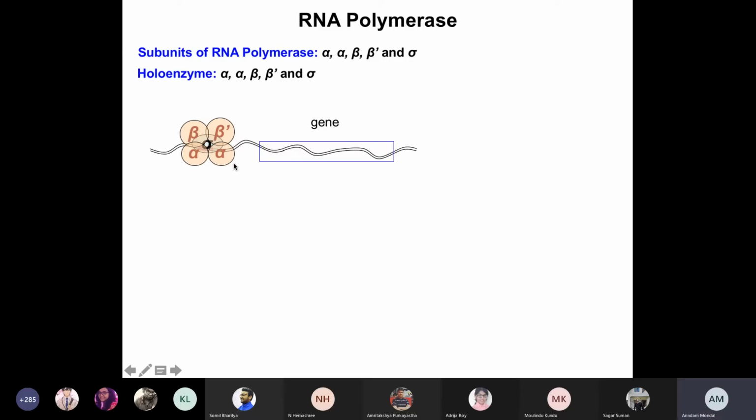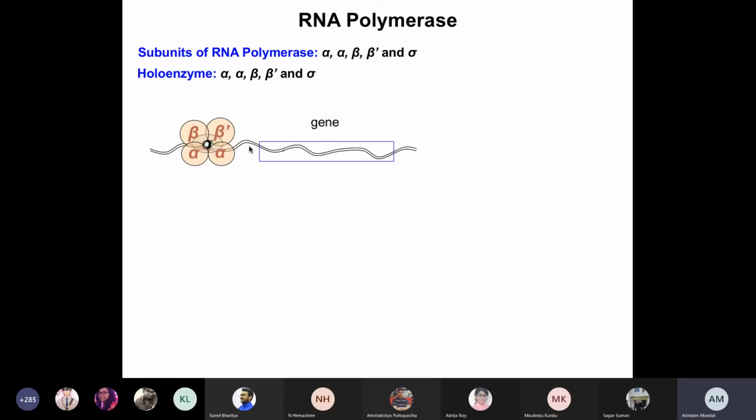But once the transcription is initiated, now the polymerase needs to move ahead so that it can keep on unwinding the double-stranded DNA and keep on incorporating the nascent nucleotides in the RNA strand so that it can get into the elongation phase. That's not possible. Why? Because the sigma subunit interacts with the promoter very strongly, and this interaction actually inhibits the polymerase from moving forward along the template.